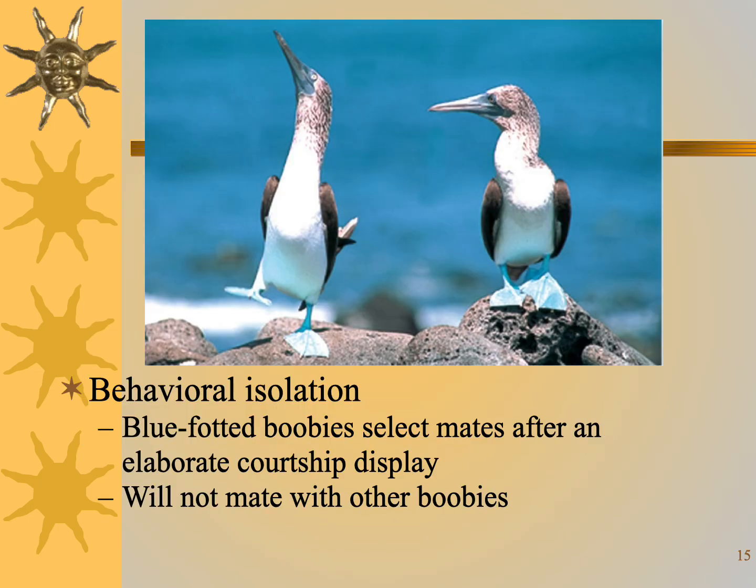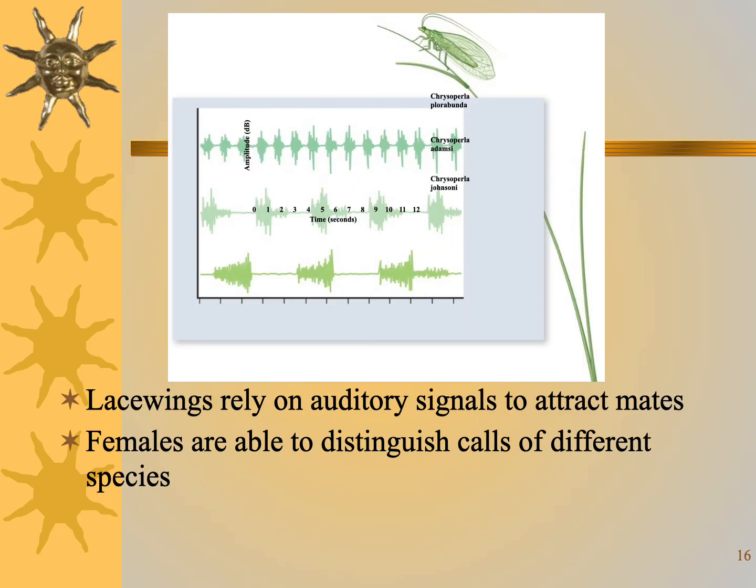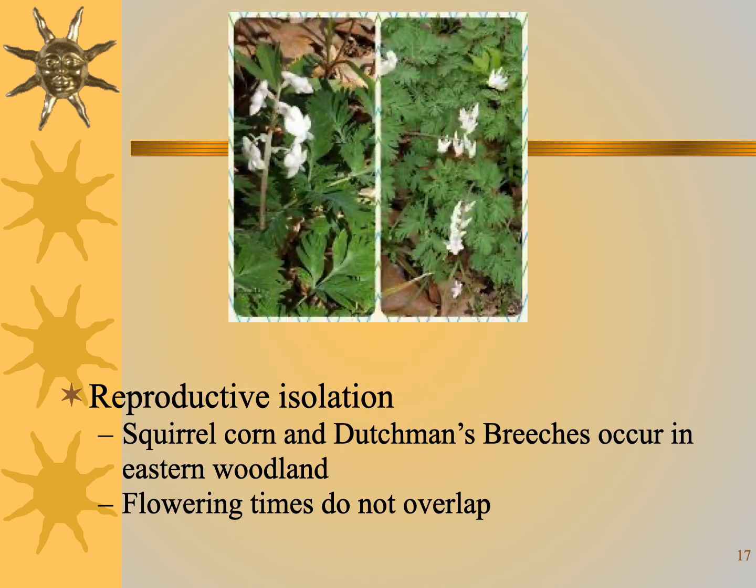In animals, we see lots of behavioral isolation, like birds might sing or dance, and insects might have specific calls. But in plants, it's often the reproductive isolation has to do with flowering. And so your book goes through a nice example of squirrel corn and Dutchman's breeches, two extremely similar plants, extremely closely related, but their flowering times do not overlap.